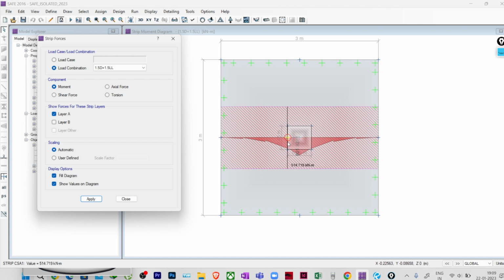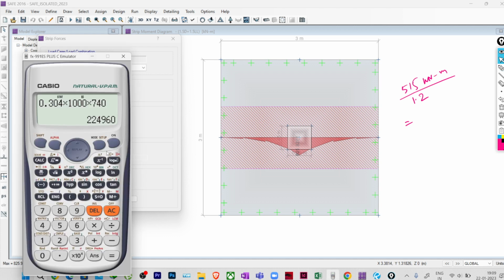Here also it is around 514. Okay, so suppose I'm considering 515 kilonewton meter divided by 1.2. So how much will it be? 515 divided by 1.2, so it is around 429.16 kilonewton meter per meter, right?